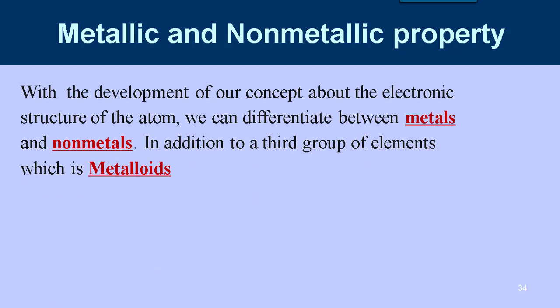With the development of our concept about the electronic structure of the atom, now we can differentiate between metals and non-metals in addition to a third group of elements, which is metalloids.